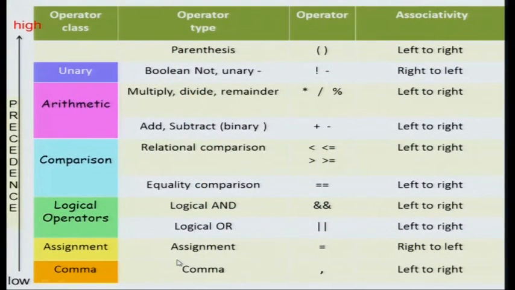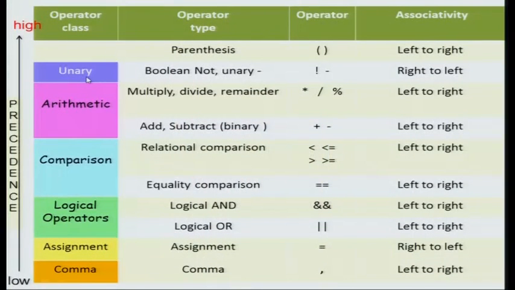Let us take a look at the precedence or associativity table. Again, I want to emphasize, it's not to memorize, it's just that if you are given this table, you should be able to understand how an expression is going to be evaluated. Parenthesis is above all, because once you parenthesize an expression, you are really saying this is the order that I want. So it overrides any other precedence or associativity rule. Then you have the unary operations, which have the second highest precedence, then the arithmetic operations, then the comparison operations, logical operators, assignment, and so on.